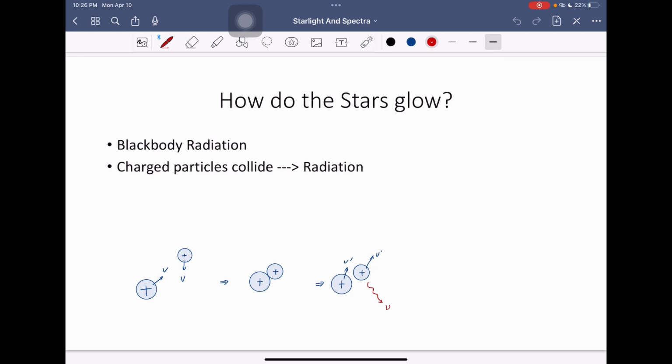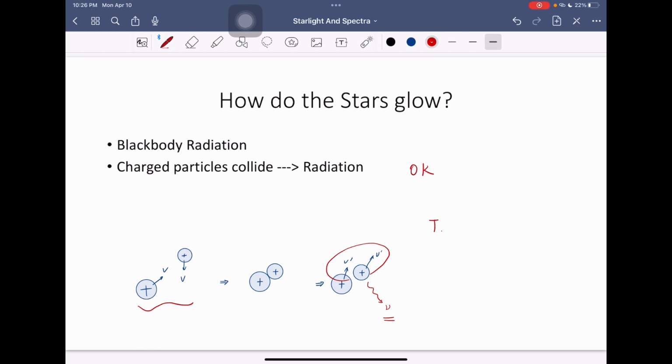For any object that is higher than absolute zero temperature, i.e. 0 Kelvin, they will radiate light but in different wavelengths. It's because charged particles collide with each other. They accelerate, which means they change in their velocities. Then the light radiates away.